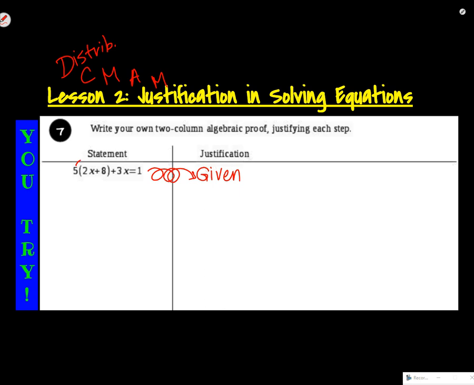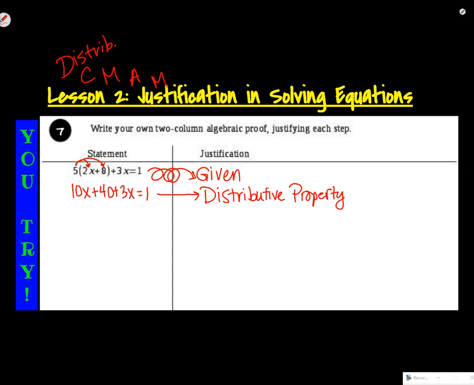I'm going to distribute this 5 to both pieces inside the parentheses. So 5 times 2x is 10x. 5 times 8 is 40. Plus 3x equals 1. And I just distributed, so I'm going to write distributive property. Not a property of equality. If you wrote of equality, mark it out.